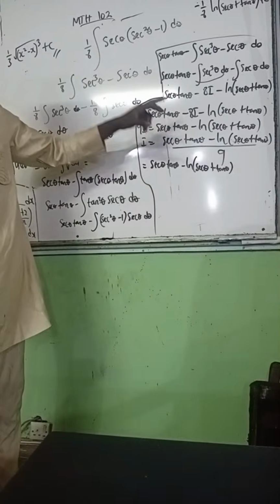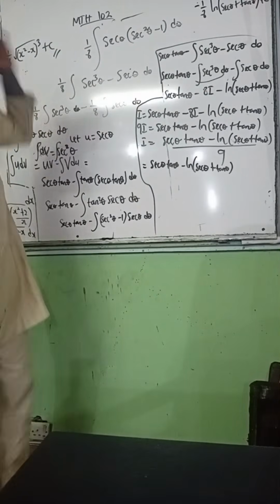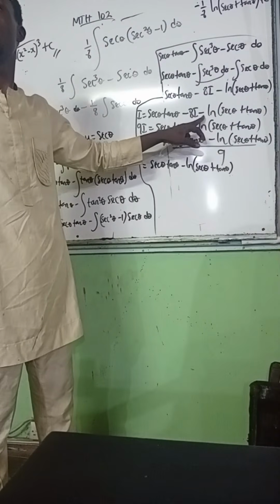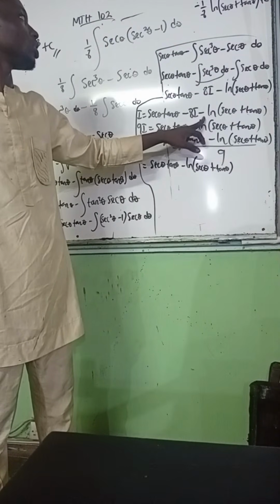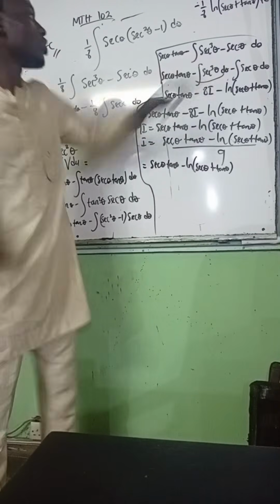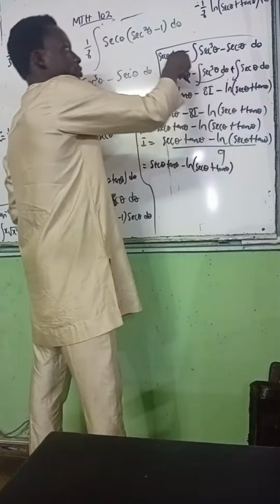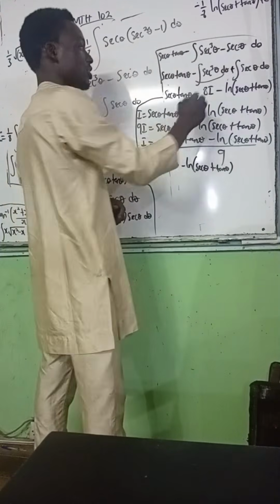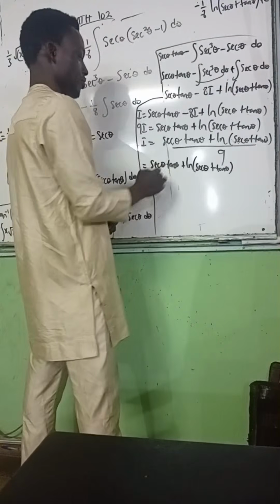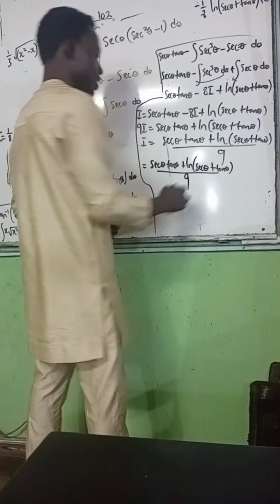Show this, the upper part. It's supposed to be plus. Okay, this will be plus now, because this is minus the integral of everything, over 9.